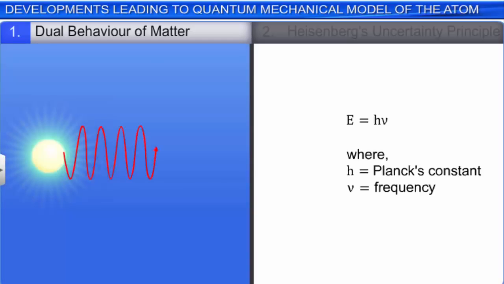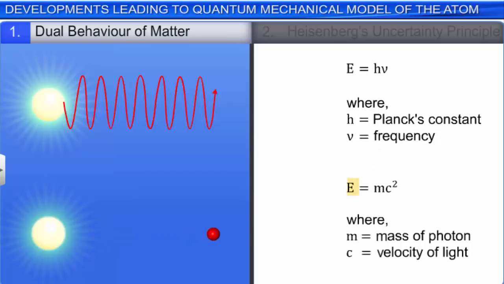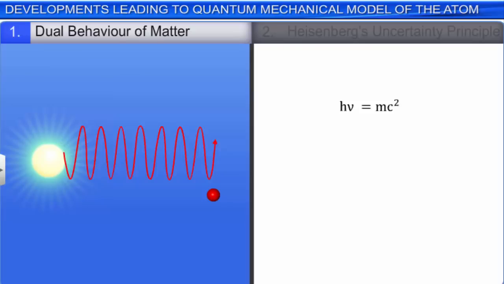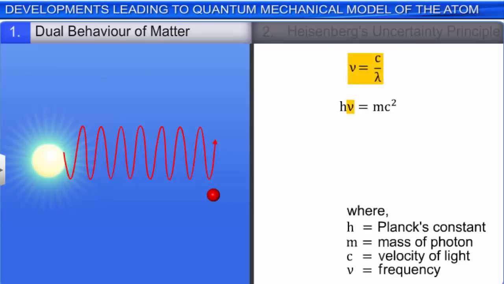A photon displaying wave character has energy equal to h multiplied by nu. A photon having a particle character has energy equal to m multiplied by c raised to the power 2. By combining these two equations and replacing nu with c by lambda, we get lambda equals h divided by mc.